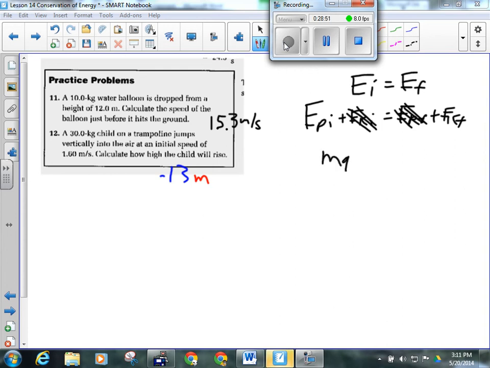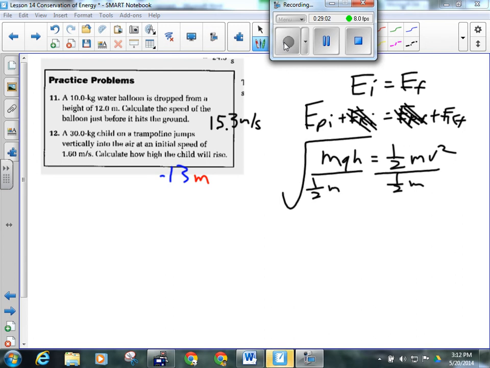So m times g times h equals 1/2 mv squared, and I'm solving for v. So I divide both sides by half of m, and square rooting that to get rid of the square. Everybody with me on that one? Yes?